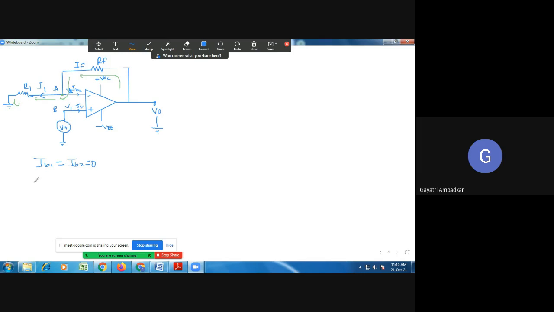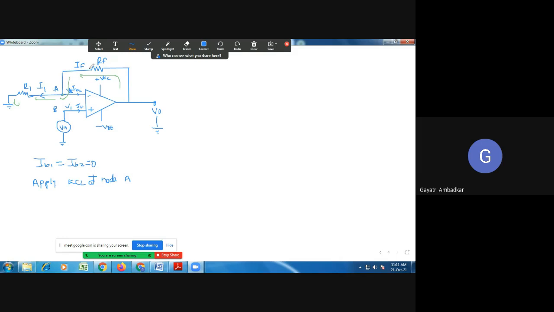So apply KCL at node A. Tell me. Apply here KCL. Look at node A. What are the incoming and outgoing current here?